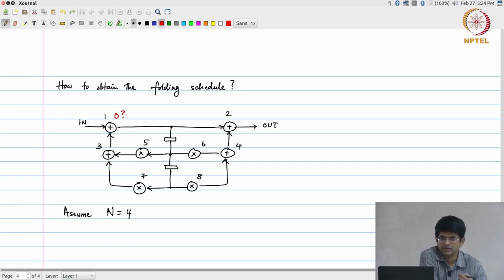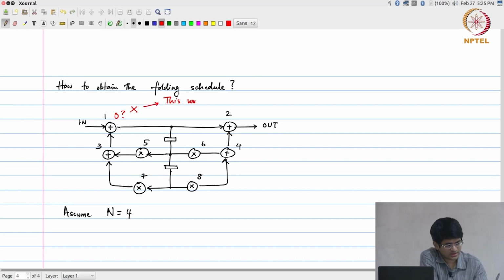Is 0 acceptable as a scheduling time instant for operation number 1 as it stands right now? No. Why? Because there is a dependency from 3 to 1. Therefore, 3 has to complete before 1 can execute. There are no delays on the edge between 3 and 1, and that's the only edge I care about right now. Therefore, the only possible way that 1 could execute at time 0 is if 3 has a negative schedule instant, which is not possible.